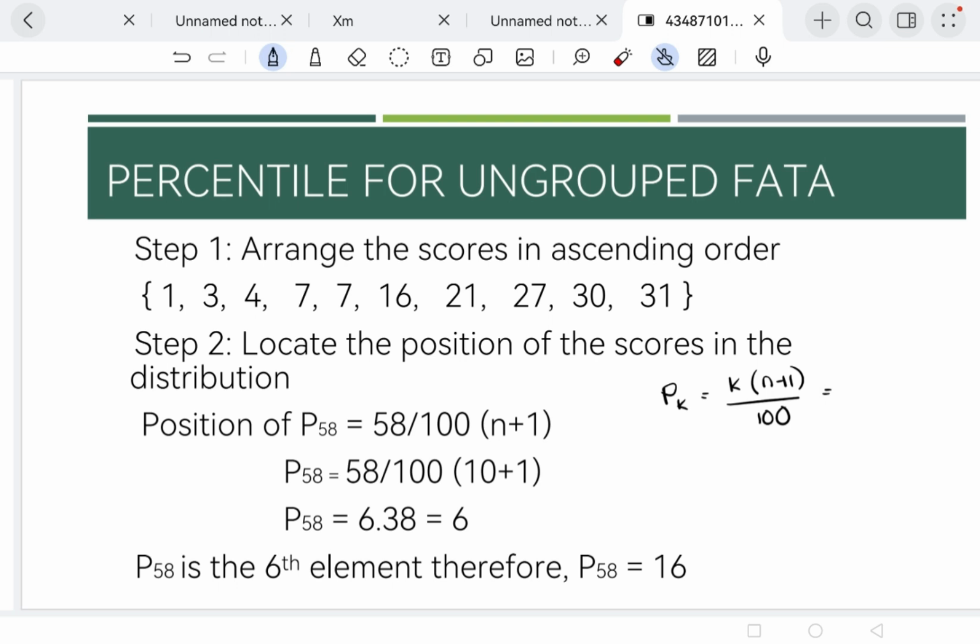Since we are looking for the 58th percentile, that is 58 times our n, which is 1, 2, 3, 4, 5, 6, 7, 8, 9, 10. So that is our n, plus 1, divided by 100. So that is 58 times 10 plus 1, that is 11, divided by 100.